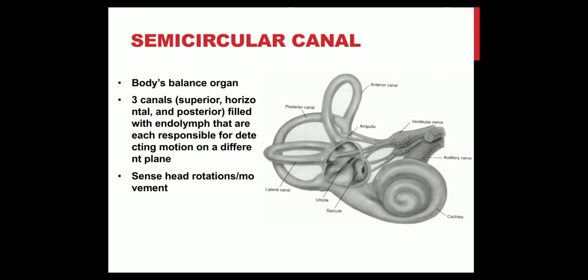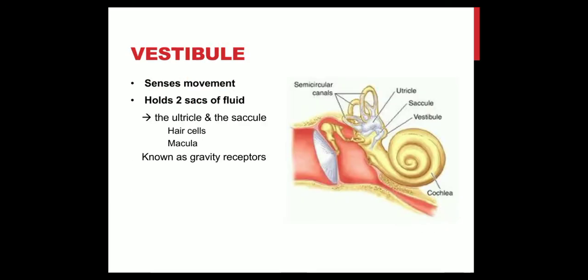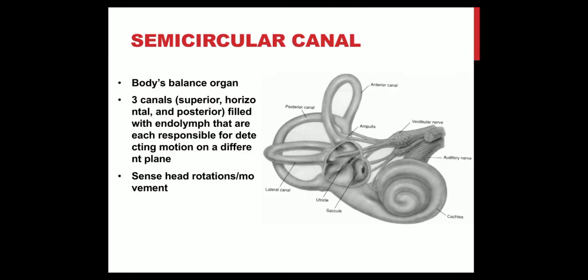Now let's see the other part of the internal ear, that is the semicircular canal. These are semicircular parts, not fully circular. The body's balance organ is the semicircular canal. There are three canals: superior, horizontal, and posterior, filled with endolymph, and each is responsible for detection of motion in a different plane.